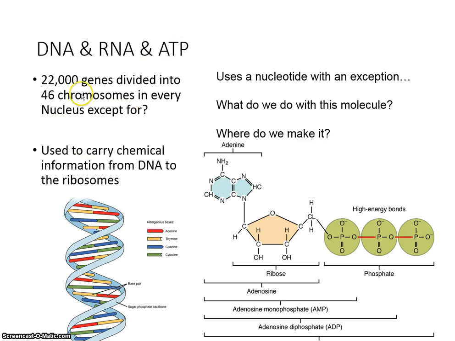All right, now, just to give you, again, something to think about, there are approximately 22,000 genes that we've identified as human genes, divided into 46 chromosomes in every nucleus of cells, all right? And the exception is that you have 23 chromosomes in your sex cells, and you also don't have nuclei in your red blood cells.